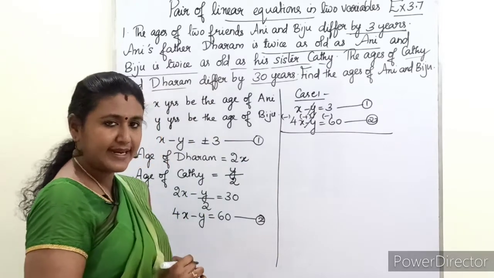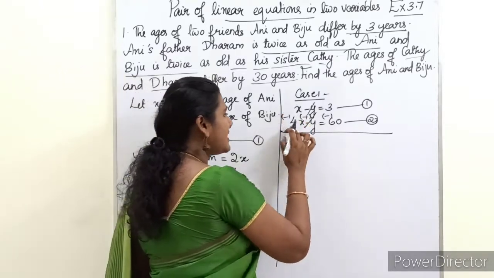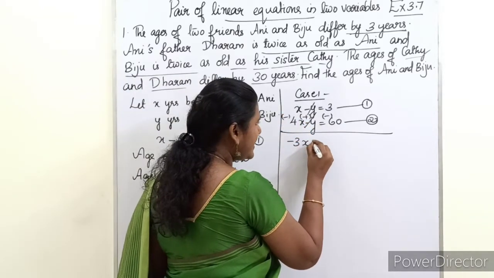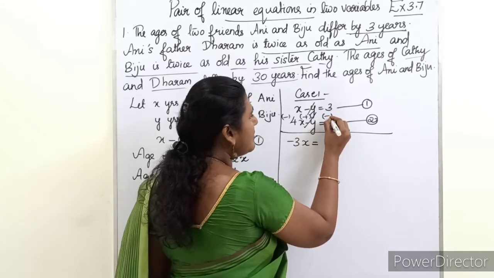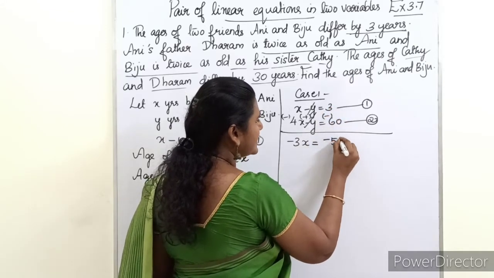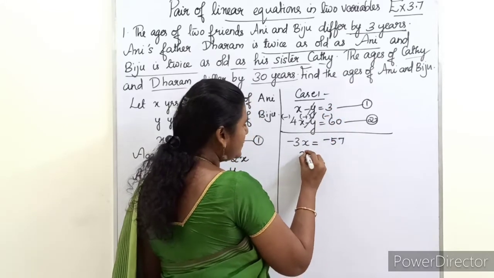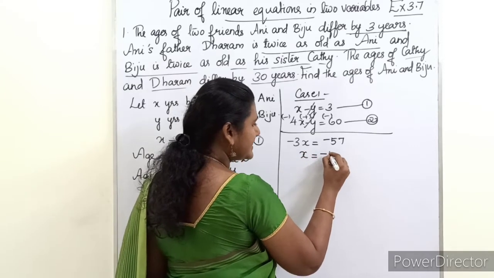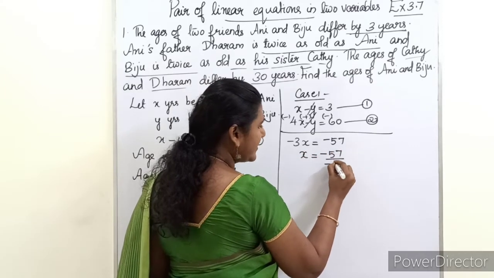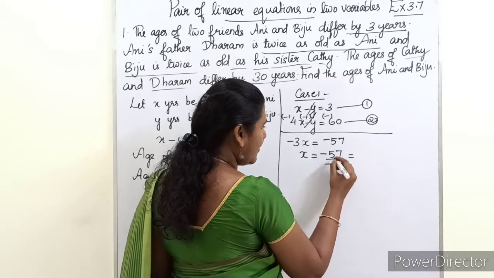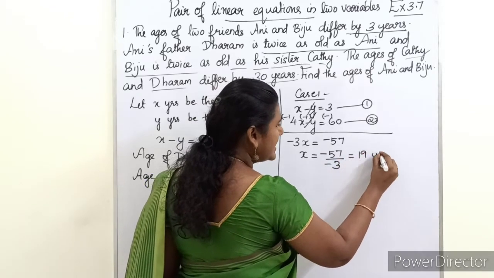So the Y term will get cancelled, and X minus 4X is minus 3X is equal to 3 minus 60, that is minus 57. From this you can find the value of X. X is equal to minus 57 by minus 3, which is equal to 19 years.